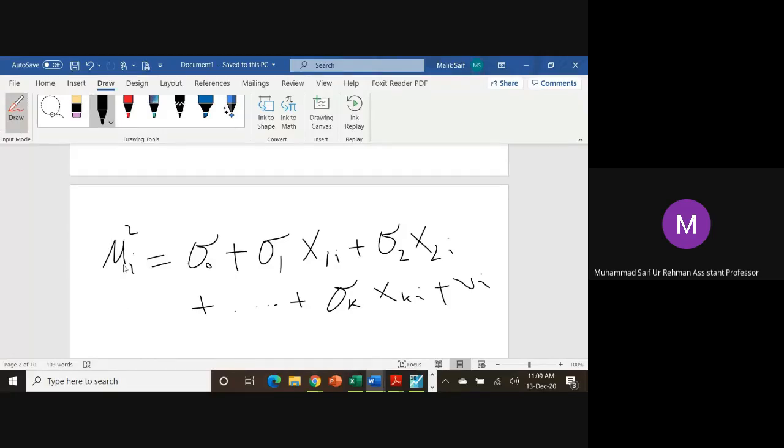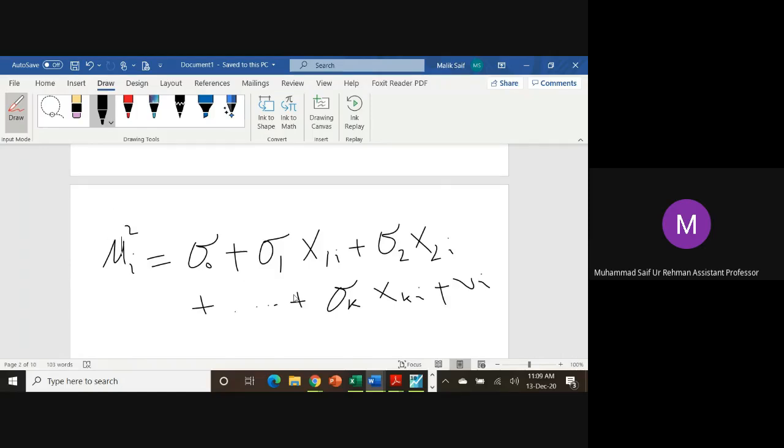Okay, so what this Breusch-Pagan test does is take the scale of the residuals and then regress it on the remaining regressors, and then see whether there is any relationship between these explanatory variables and this term.